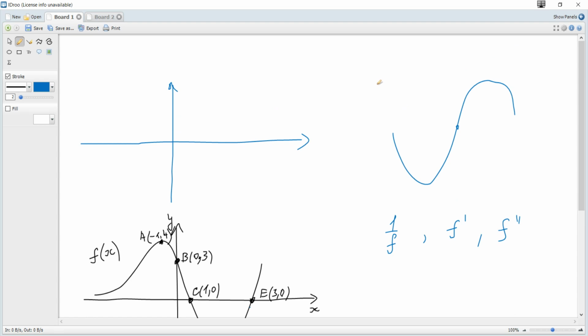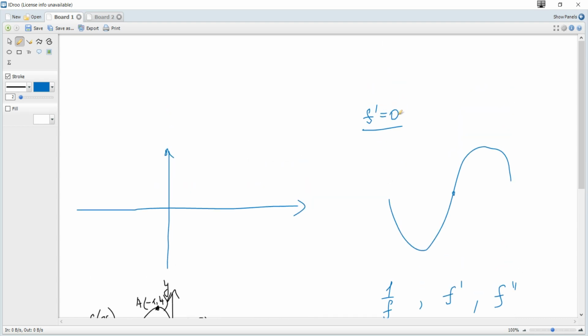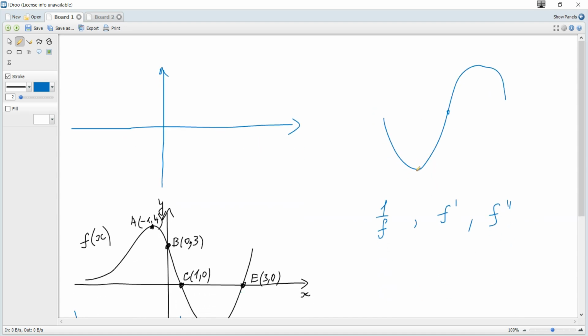First of all, by definition, a stationary point is where the derivative is equal to 0, and such points are candidates to be a maximum or minimum, and they are just points with a horizontal gradient, because the gradient of a tangent is the derivative at a point, and in general it may be a maximum, minimum, or neither.